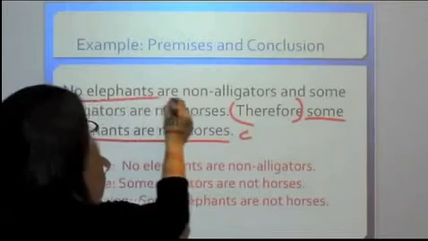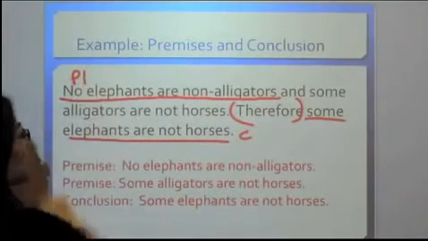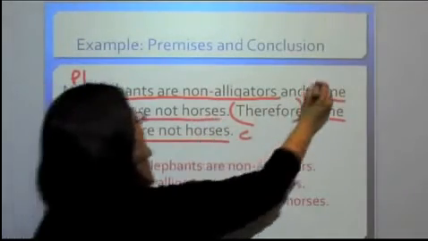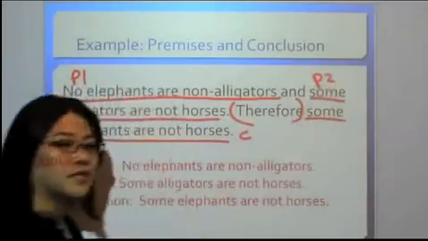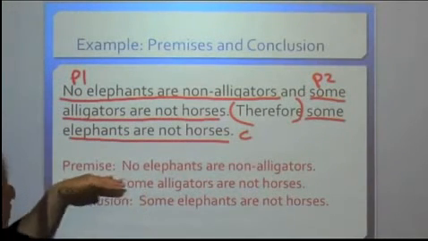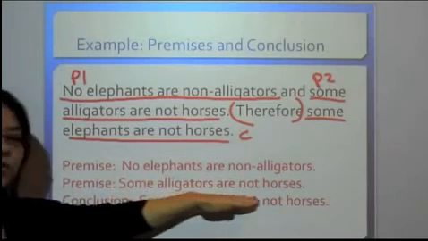So no elephants are non-alligators will be one premise, okay? And some alligators are not horses will be another premise, okay? So here we went ahead and identified those. Premise 1, no elephants are non-alligators. Premise 2, some alligators are not horses.